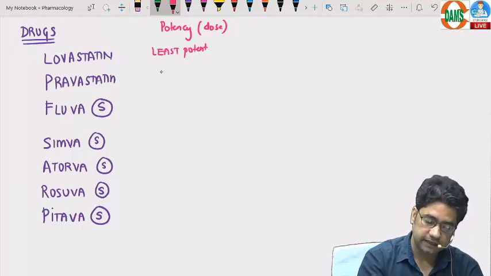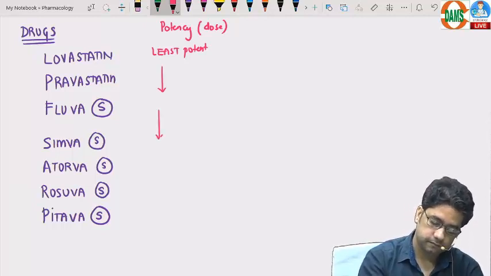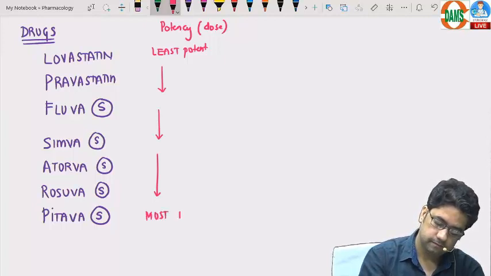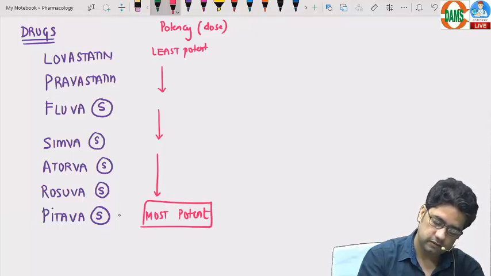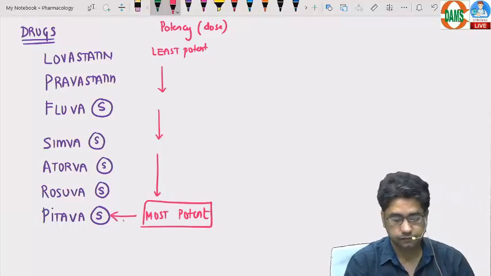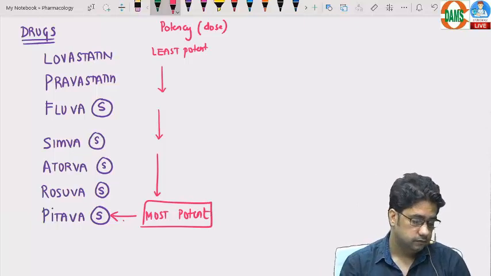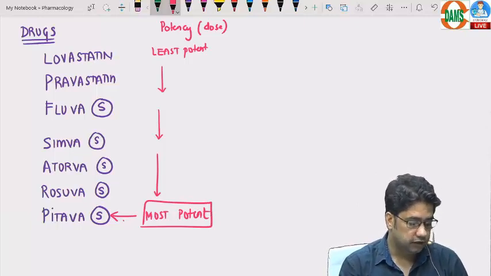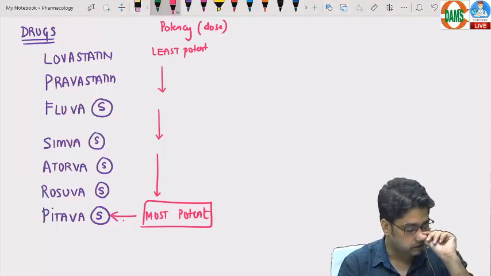Why it requires maximum dose? Most potent statin is pitavastatin.